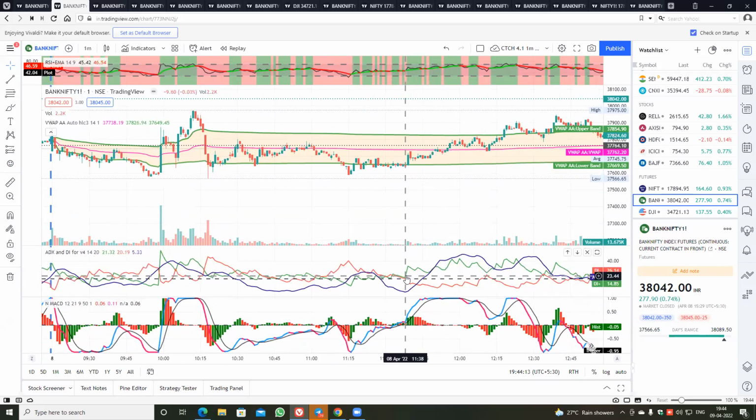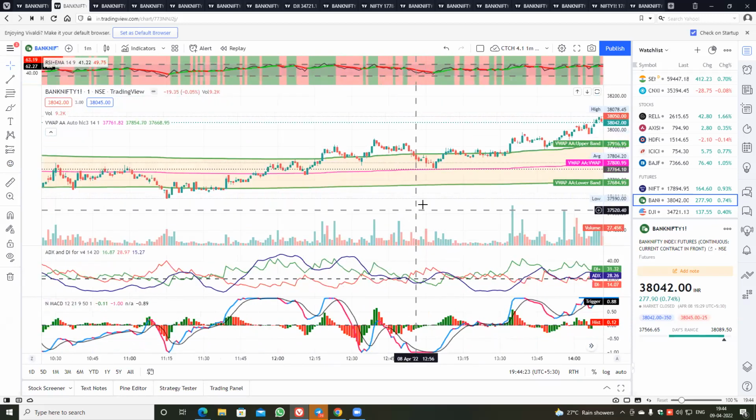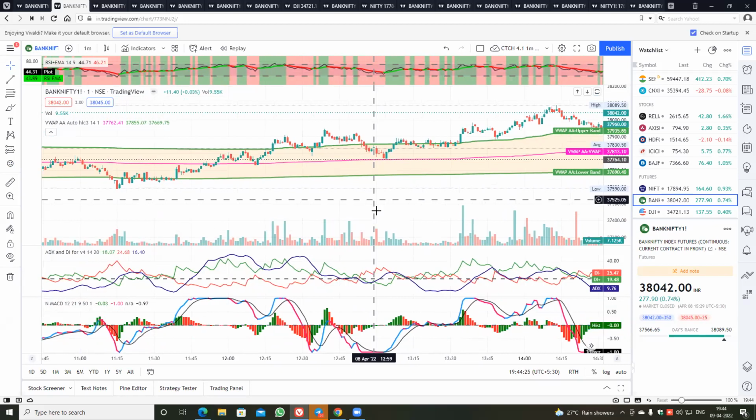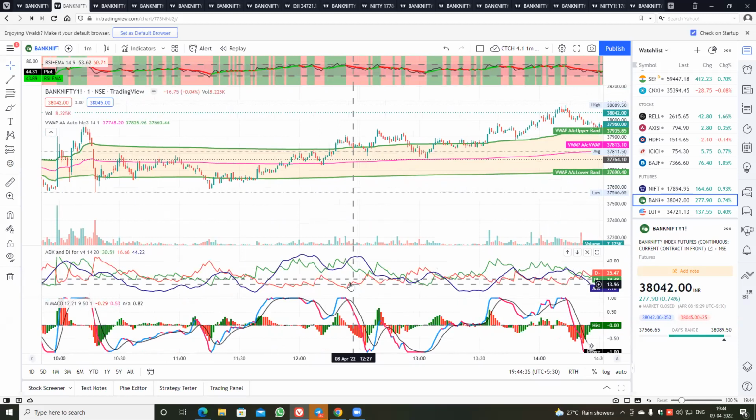The crossover also happened here, and the momentum you can see in the chart itself. These are very good indicators to find the strength of the trend. These are the given values: 20, above 20, 25, it will be stronger.